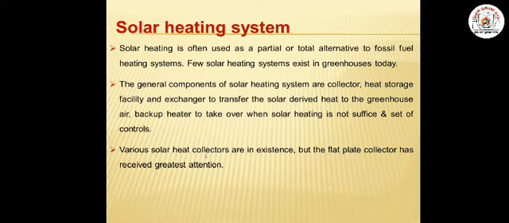Various solar heat collectors exist, but the flat plate collector has received the greatest attention and is becoming more popular.